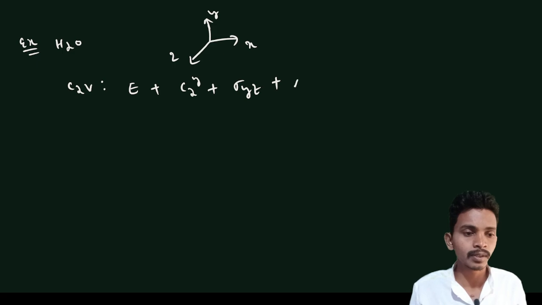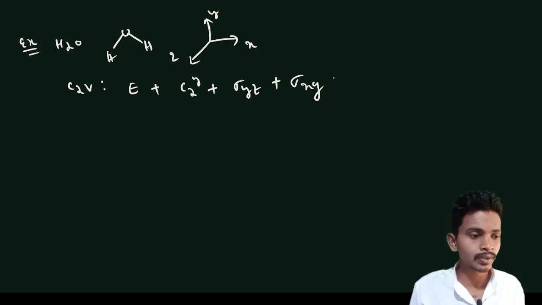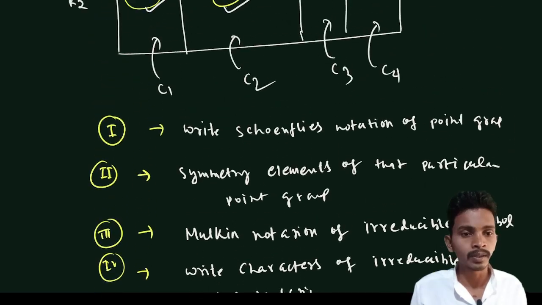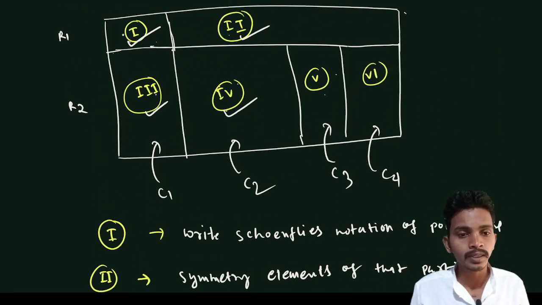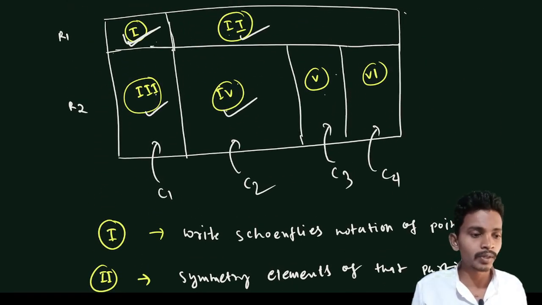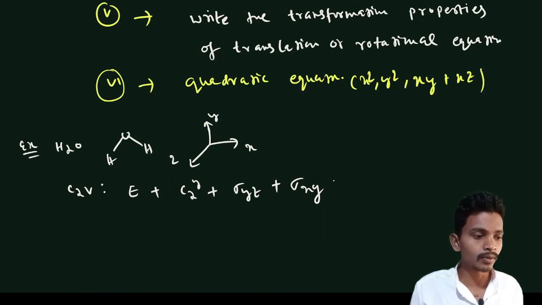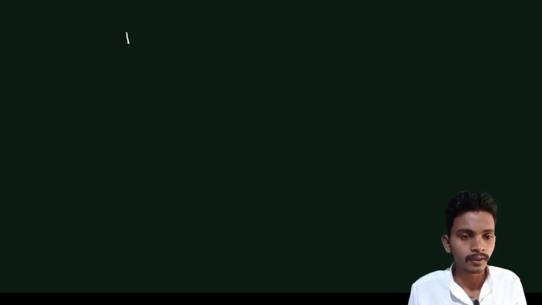This is what the water molecule has. So what do you write in the character table? First, in 1 you write the Schoenflies notation of the point group. Means, if I draw the table here, like this is the table.